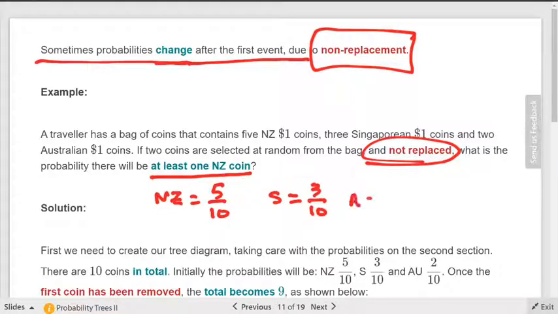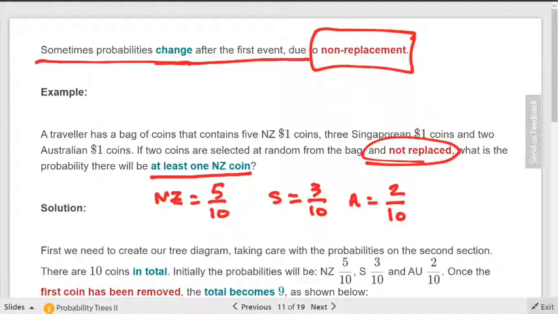And then finally the Australian, he has 2 of those out of 10. Now, notice that 5 and 10 and 2 and 10 would reduce. Don't do it. Just leave them unreduced, or you could change them to decimals if you want to. But if you're going to do any work with fractions and they have the same denominator, that's a good thing, right? You could also change them to decimals.